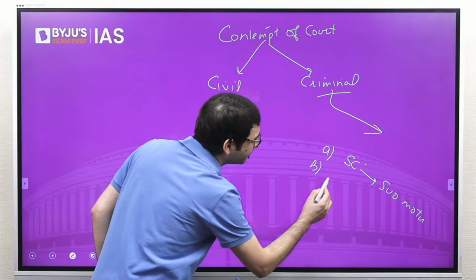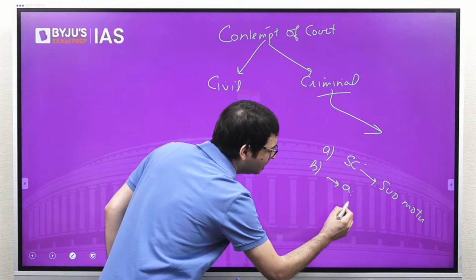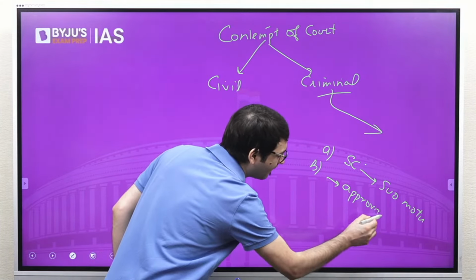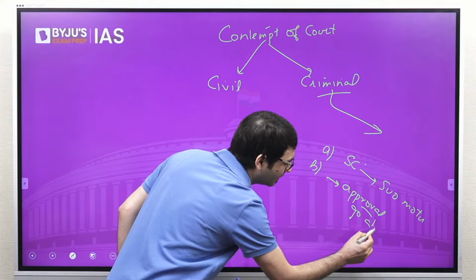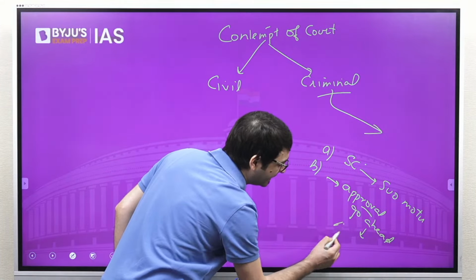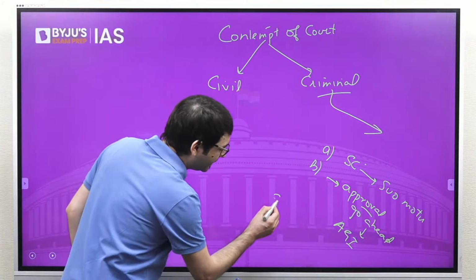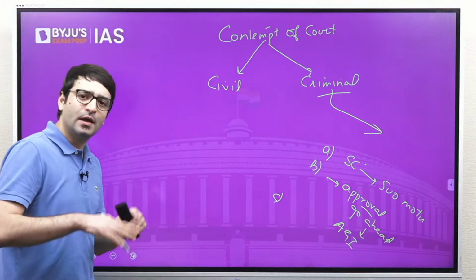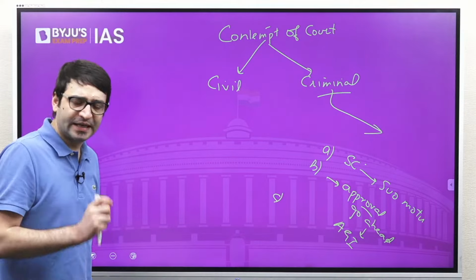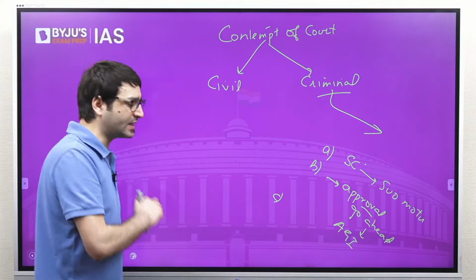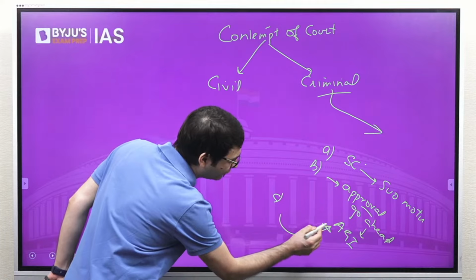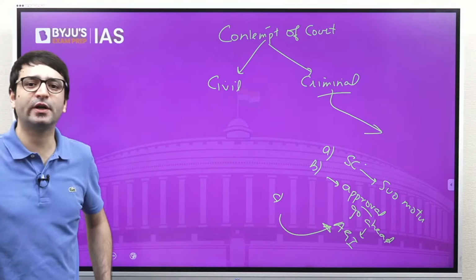Or on the basis of the approval or go-ahead given by the Attorney General for India. Third, any third person can file a contempt of court case only on the approval of the Attorney General for India.